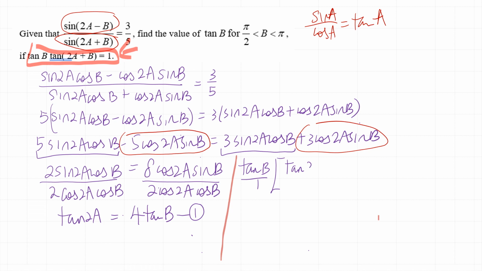So that will give us tangent 2a plus tangent b over 1 minus tangent 2a tangent b equals to 1. Alright, and can you see that we have found tangent 2a in terms of tangent b in equation 1. So this is what we're going to do. We're going to substitute tangent 2a with 4 tangent b.